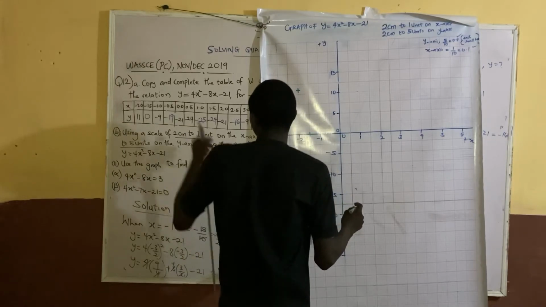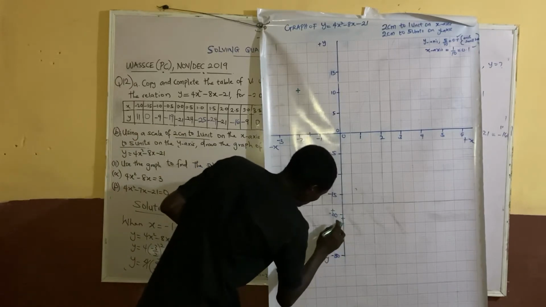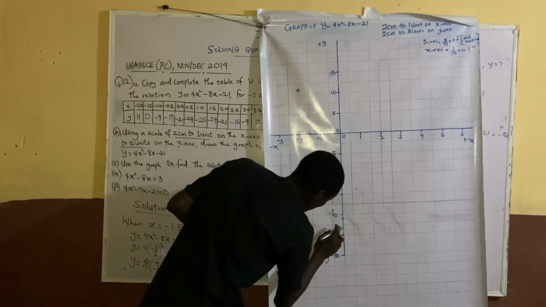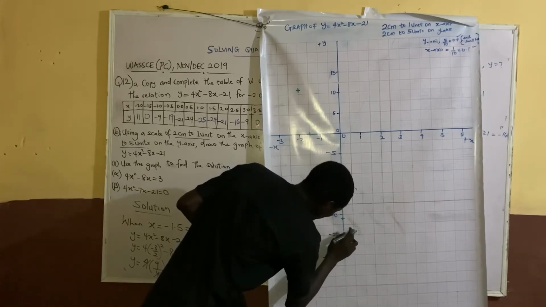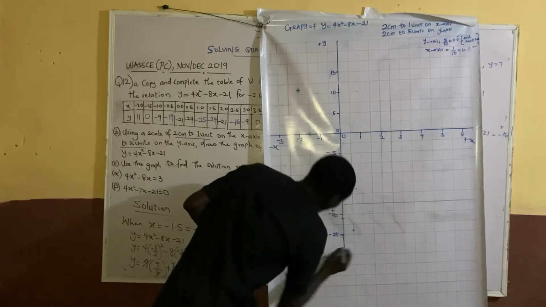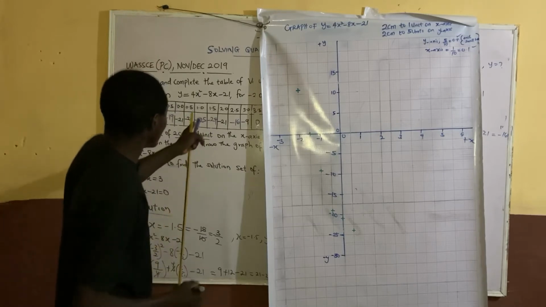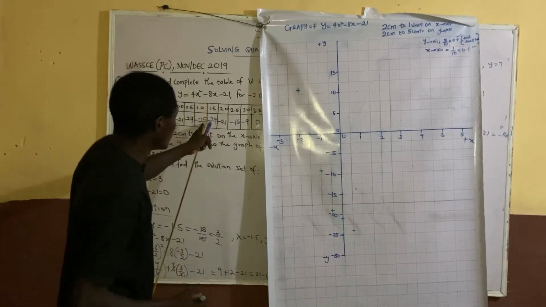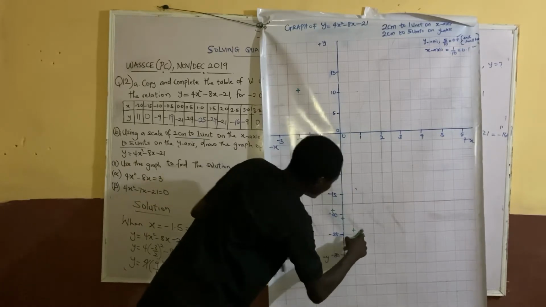Actually, 0.5, minus 24. This is minus 20, 21, 22, 23, 24. So 0.5 is minus 24. Now, the next one is 1.0, minus 25.